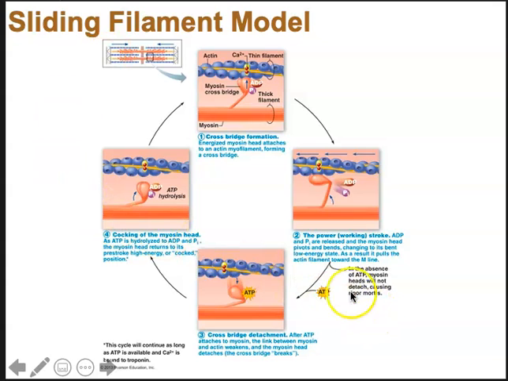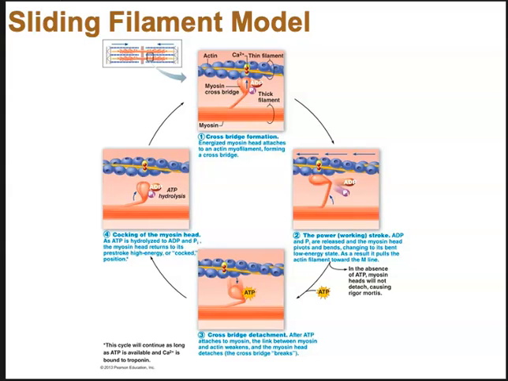Now, ATP is necessary for the detachment of the myosin head. And so we need some more ATP so the myosin heads can detach. So no more cross-bridge formation. So it's slid, it detaches, and it attaches at another location again. Again, we would repeat this cycle with the need of ATP.